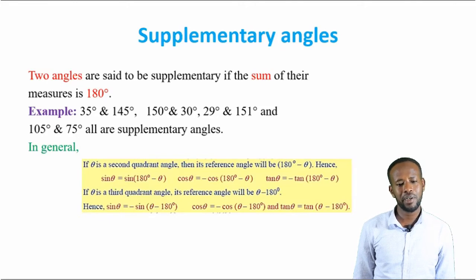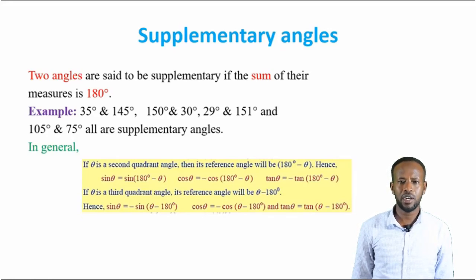Sine of 180 degrees minus theta. Cos of theta is negative cos of 180 degrees minus theta. And tan will be negative tan of 180 degrees minus theta. So, why is the sign changed in cos and tan? Because of the quadrant. In the second quadrant, only sine is positive.